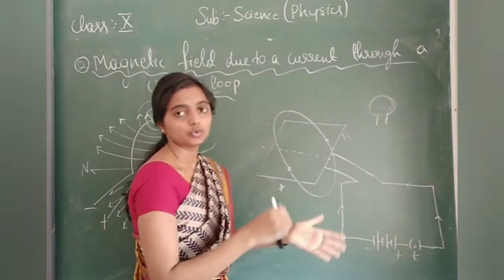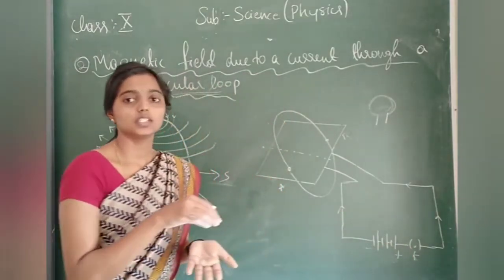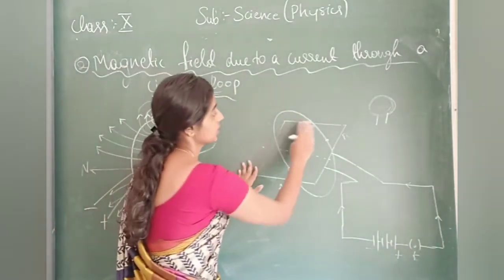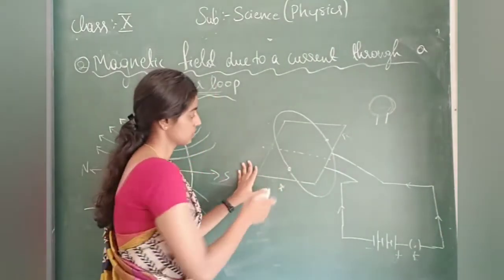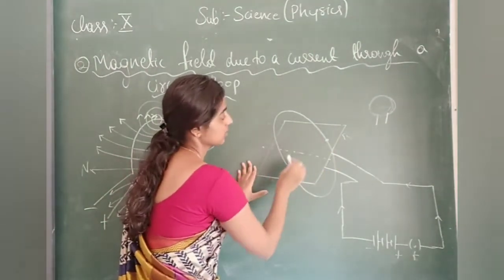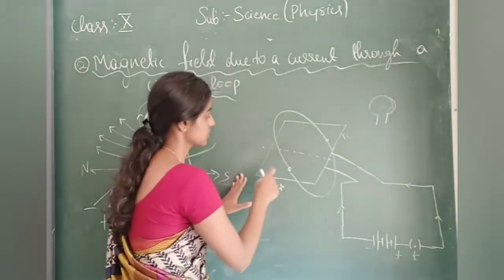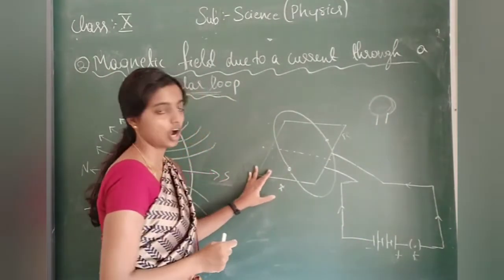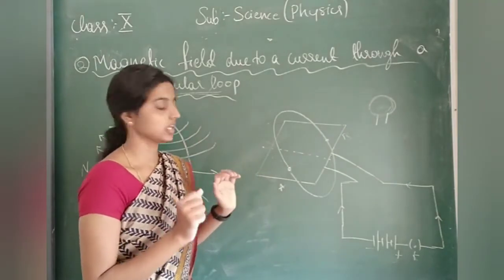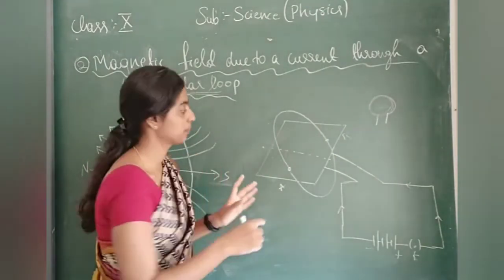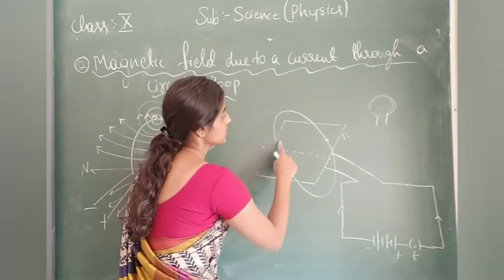Now the next step is to sprinkle iron filings on this cardboard sheet. Now we have sprinkled many iron filings on this cardboard sheet. Later pass the electricity and just tap gently on the cardboard sheet. Now we will see how magnetic field lines are produced near this wire.